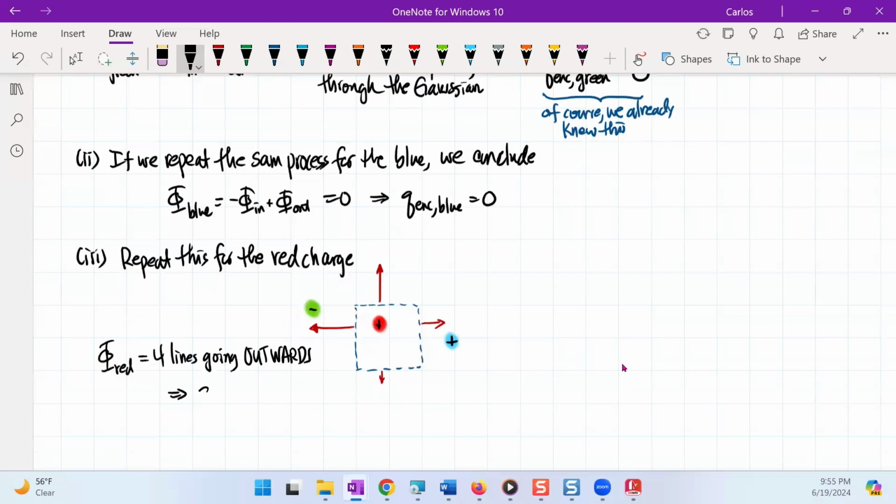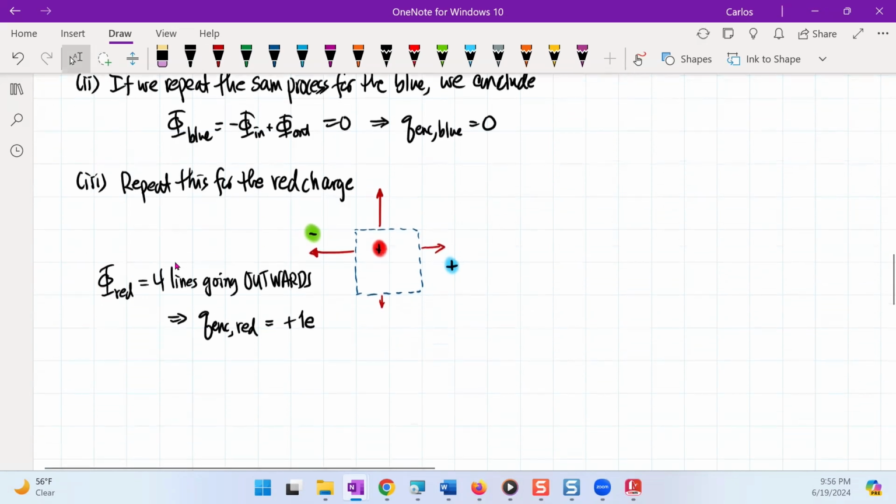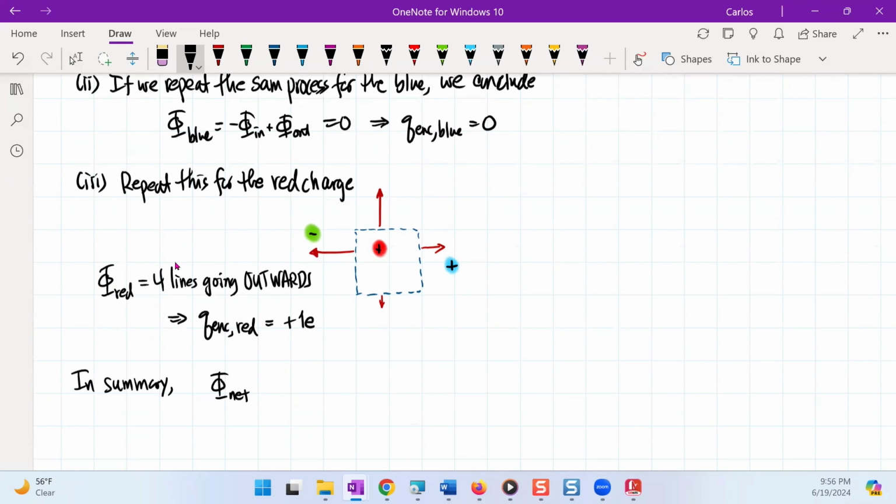Therefore, we conclude then that the enclosed charge of the red must be plus 1e. So if I summarize the whole thing here, in summary, Gauss's law says that if I have a net flux, then this would be the flux of the red plus the flux of the green plus the flux of the blue.